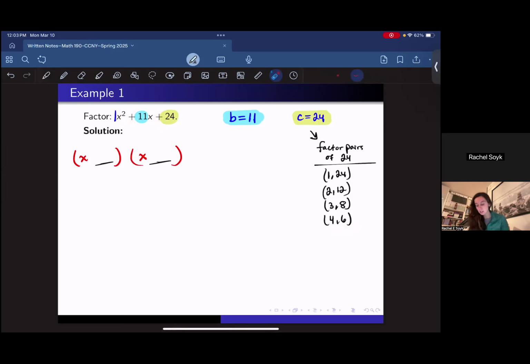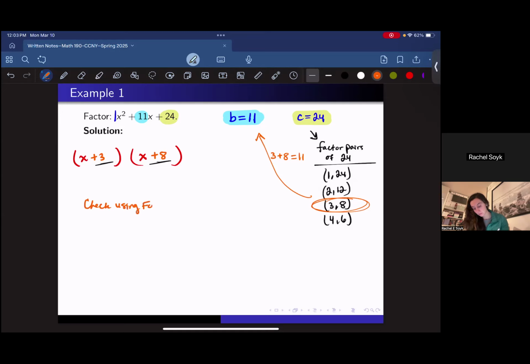So now we just need to simply ask ourselves, of these 4 different factor pairs, which one adds up to our B value? Oh, would you look at that? 3 plus 8 gives us 11. So we have a plus 3 and we have a plus 8. And that's it.